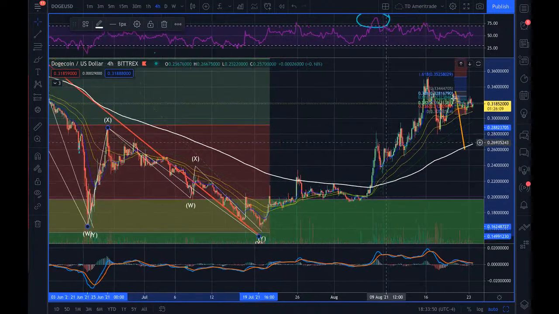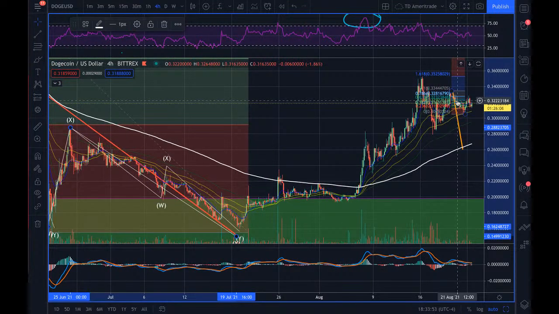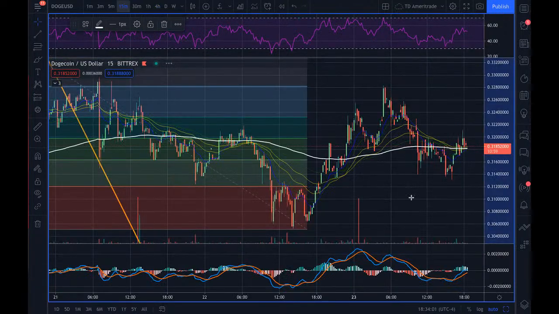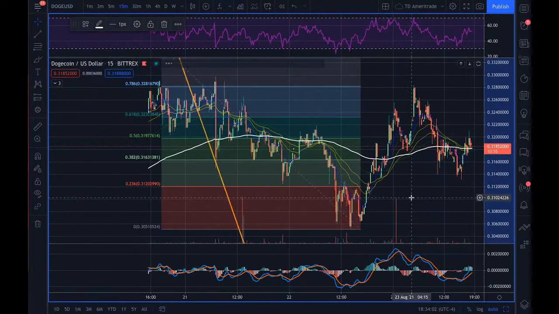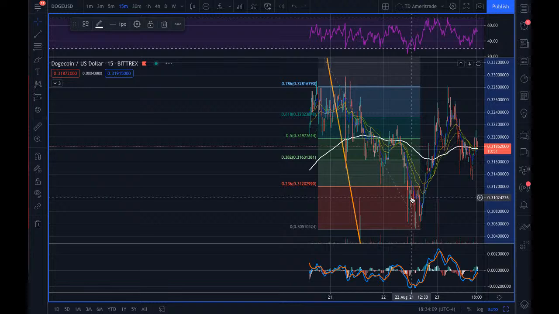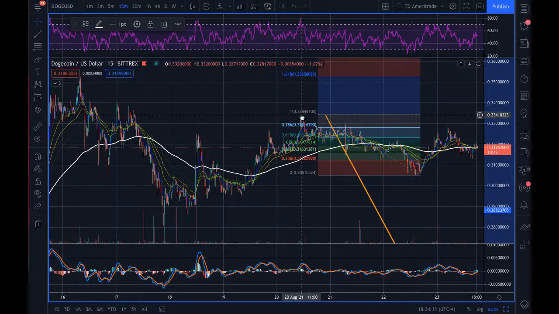So what is this that I have over here? The reason I have this drawn here was for a closer time frame. I was seeing where this was going to bounce up to. From the top of this wave on August 20th down to August 22nd, this wave was coming down, and then I was expecting a bounce right here.